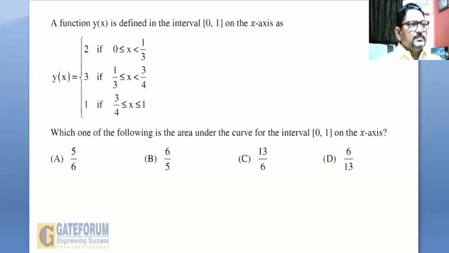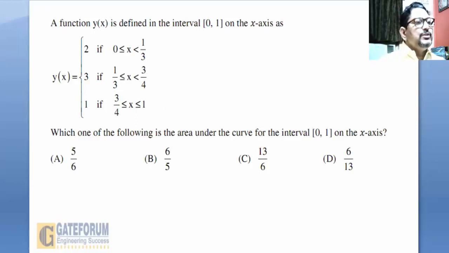Let's go on to the next one. A function y(x) is defined in the interval 0, 1 on the x-axis as y(x) equal to 2 if x is greater than or equal to 0 but less than 1/3, y(x) equal to 3 if x is greater than or equal to 1/3 but less than 3/4, and y(x) equal to 1 if x is greater than or equal to 3/4 but less than or equal to 1.